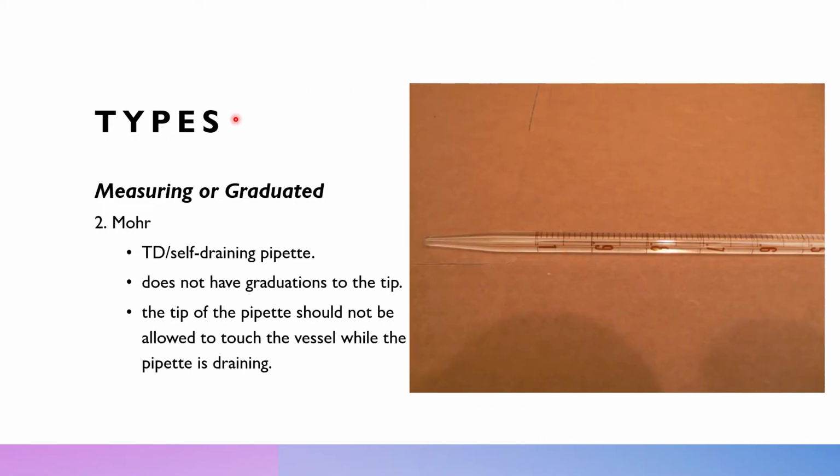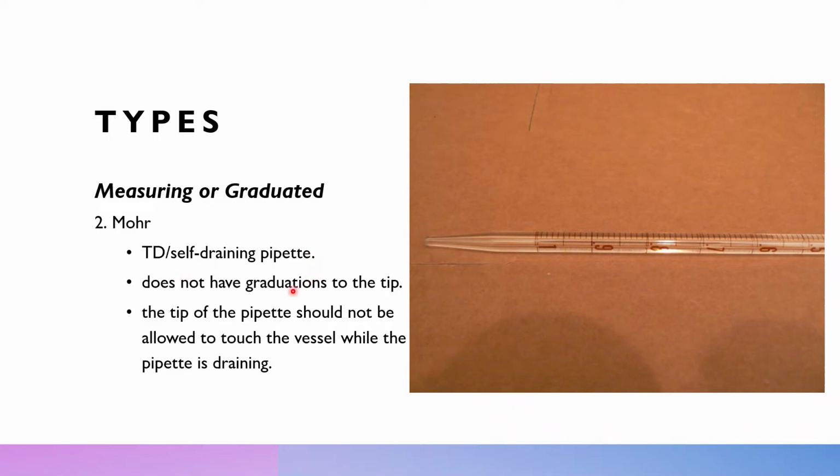Another example of a measuring or graduated type of pipette is Mohr pipettes. Mohr pipettes, aside from being measuring or graduated, remember they are to deliver type of pipettes. That means they can deliver the indicated volume. At the same time, they are self-draining pipettes.